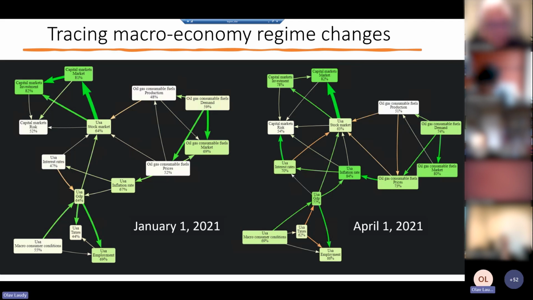We also see in the left graph how under Trump, the oil prices were relatively stable with 52%, whereas under Biden, the oil prices were forecasted to go up, driven mainly by a strong demand. The higher oil prices in turn were predicted to push up inflation, eventually leading to higher interest rates.